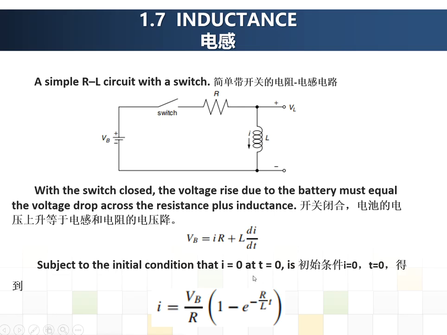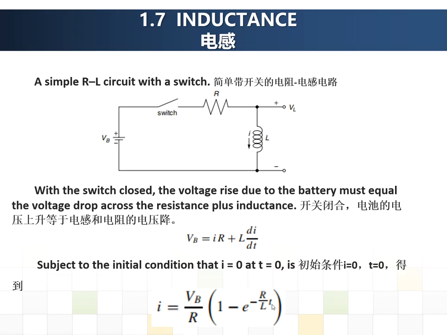Subject to the initial condition, when t is equal to 0, the current I is equal to 0. So we calculate that I is equal to VB divided by R multiply 1 minus e to the power of minus R divided by L multiply t.